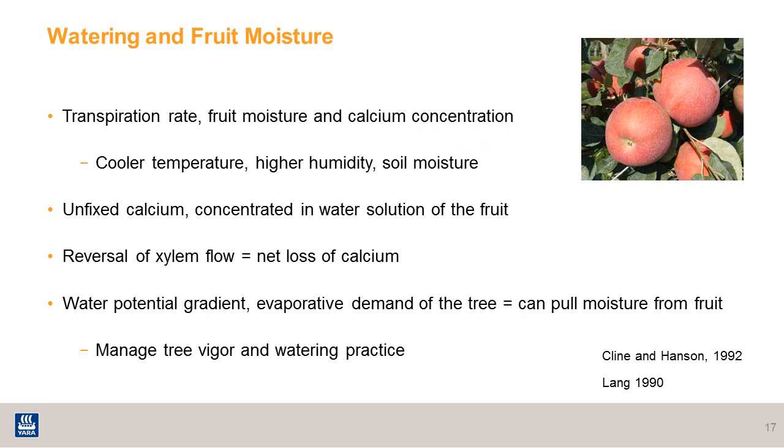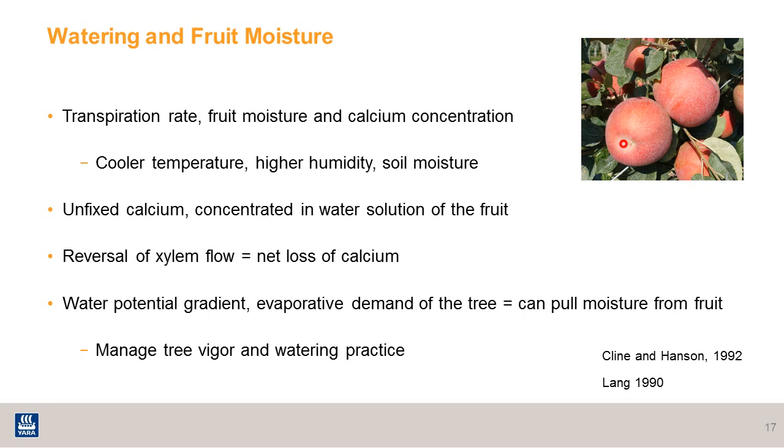But one of the good points made in these studies is that the unfixed calcium in the fruit is concentrated in the water solution of the fruit. Now, that unfixed calcium has not become a part of the cell wall. So when there's a reversal of the xylem flow from the fruit, you actually get a net loss of calcium from the fruit.